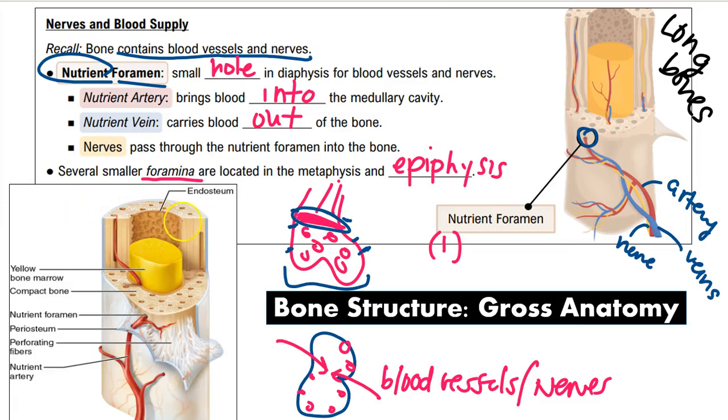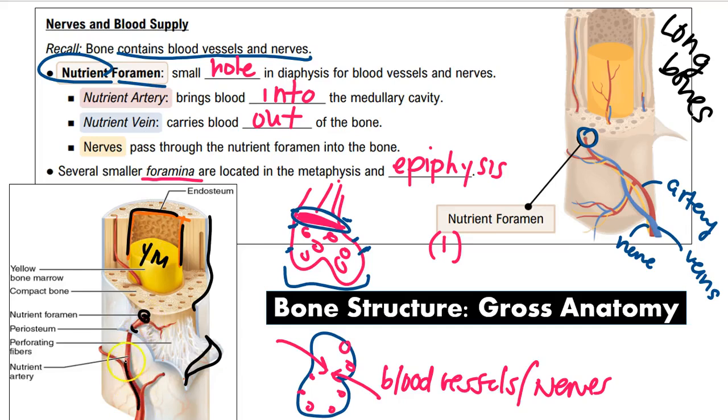So again, we have our medullary cavity here. We have our yellow marrow. We have our periosteum. We see those perforating fibers and those collagen fibers. And then on the outer layer, we see the osteoprogenitor cells. We see our nutrient foramen right here.